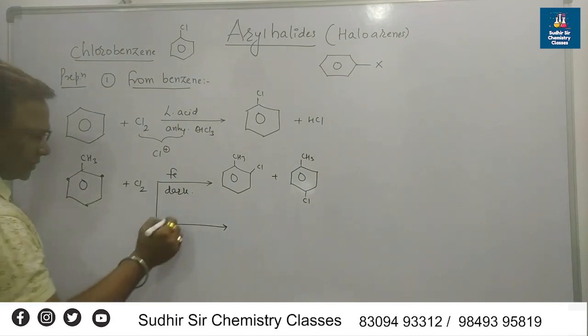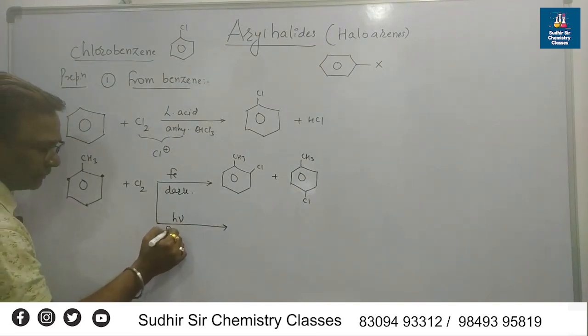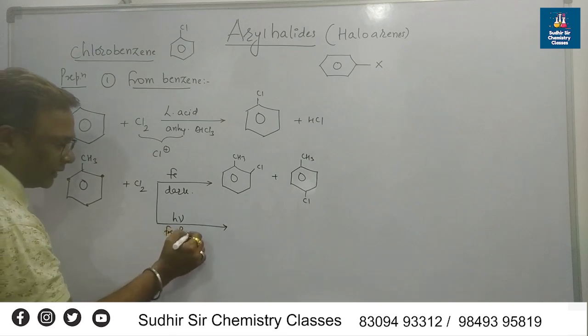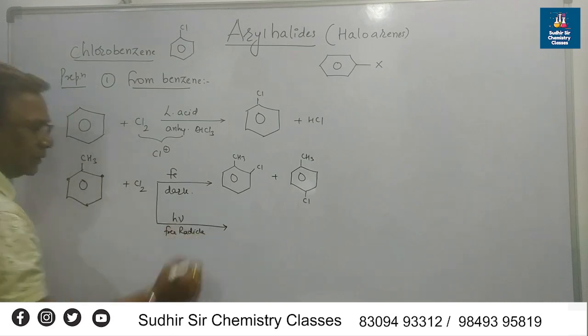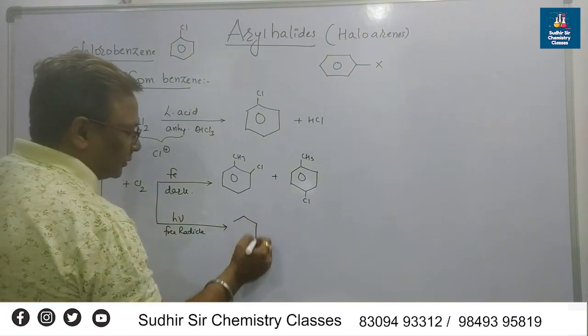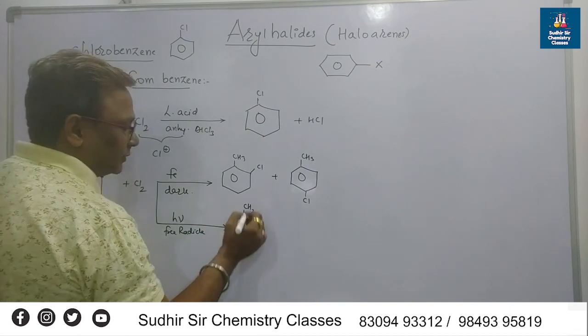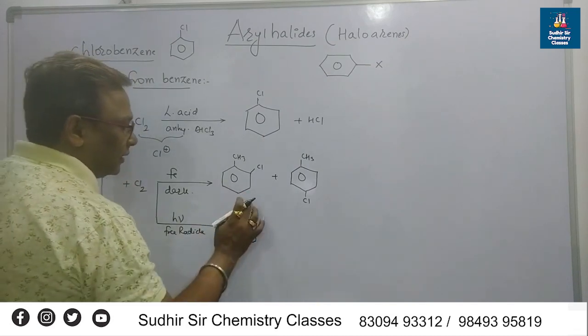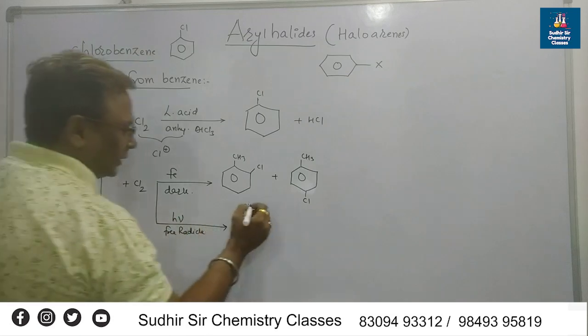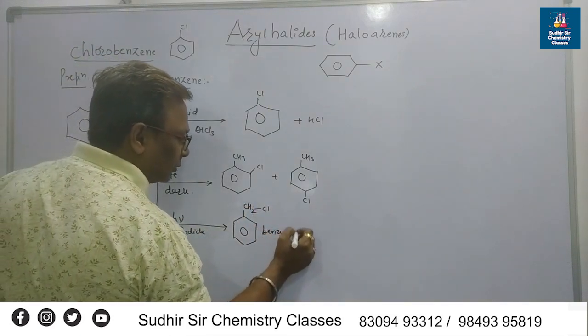But if the same reaction takes place in the presence of sunlight, you know that sunlight favors a free radical mechanism, and due to the free radical mechanism it will form the radical at the methyl group. The most stable free radical is obtained at this point, and the Cl radical will attack over it and form benzyl chloride.